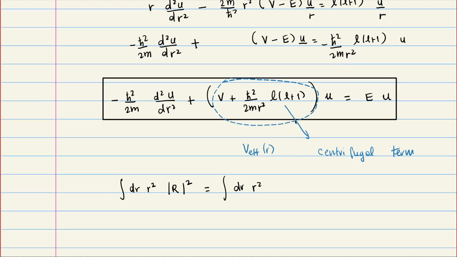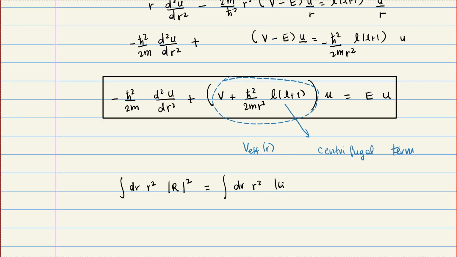So this is going to be u squared over r squared. Cancel this. Then our normalization is from 0 to infinity dr u squared should be 1. That's what we chose, right? That's also convenient. It's like normalization in 1D, but the limits in 1D were from minus infinity to plus infinity. Here it is from 0 to infinity.